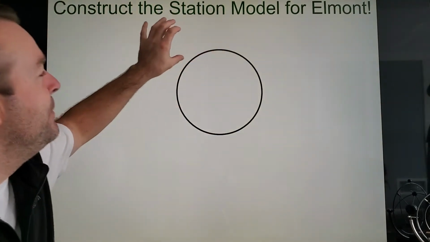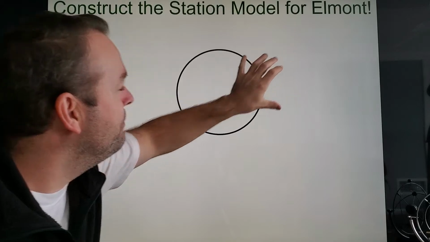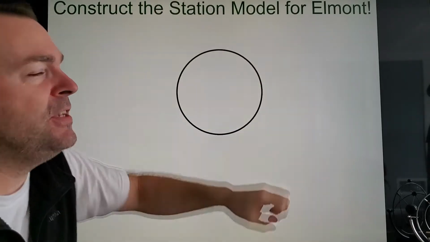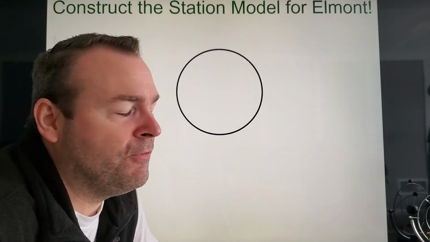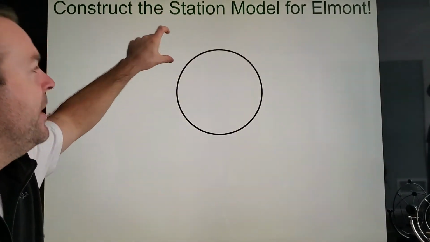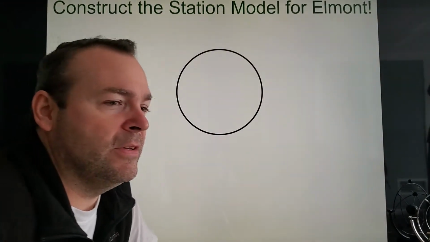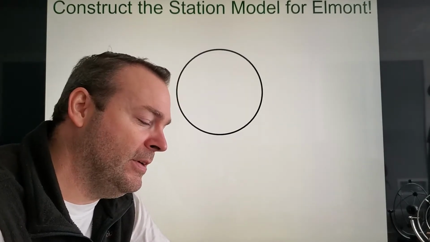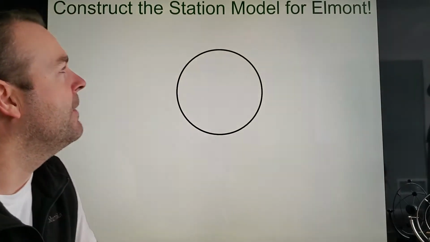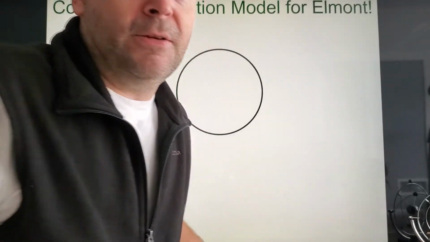And then you put the data at specific places around the circumference of the circle, and you have to be consistent with that. So it matters where you put the data because that's the only place it should go. And when other people get the station model, it's uniform. You know what I mean? It's written the same way as you did. All right. So first, of course, what you've got to do is get some data.